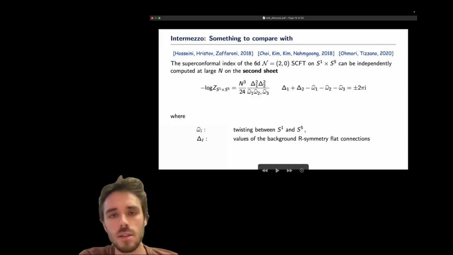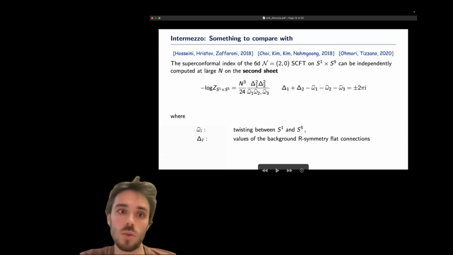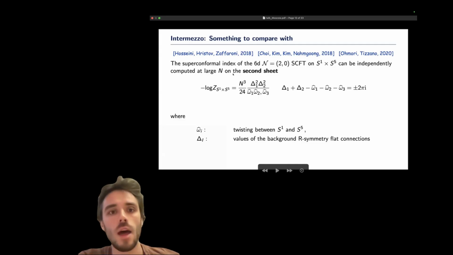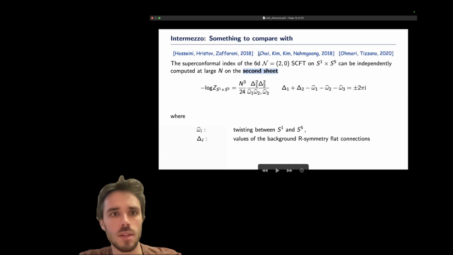So I take my 6D theory and I put it on S1 times S5, and I write down its superconformal index. I do the large n expansion, and then something which was discovered around 2018 and papers following after that was that one should go to what is known as the second sheet.